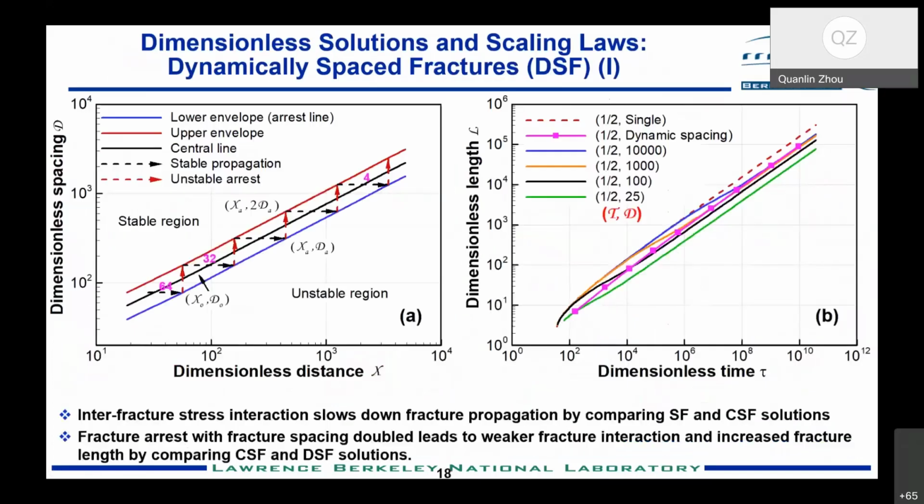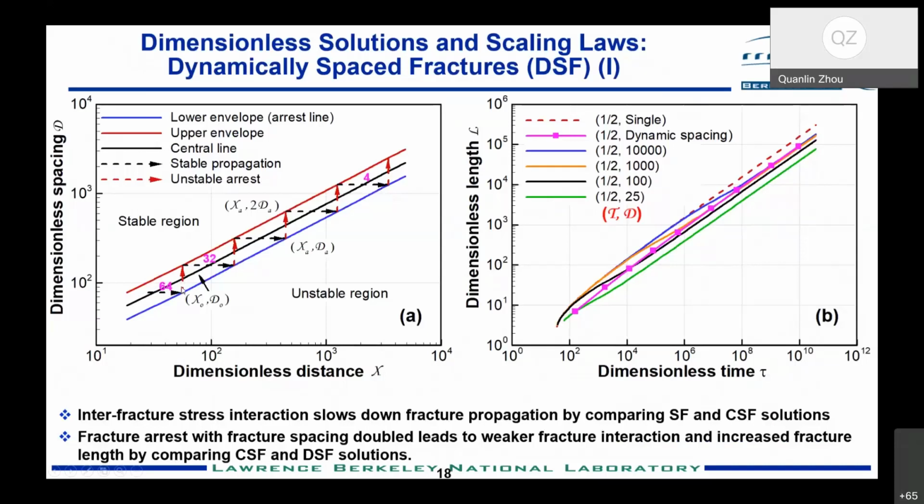But here it is very hard to understand, even during the review of our papers. For example, initially we have like 64 fractures initiated at the cooling surface, but at some time, that is the critical condition.